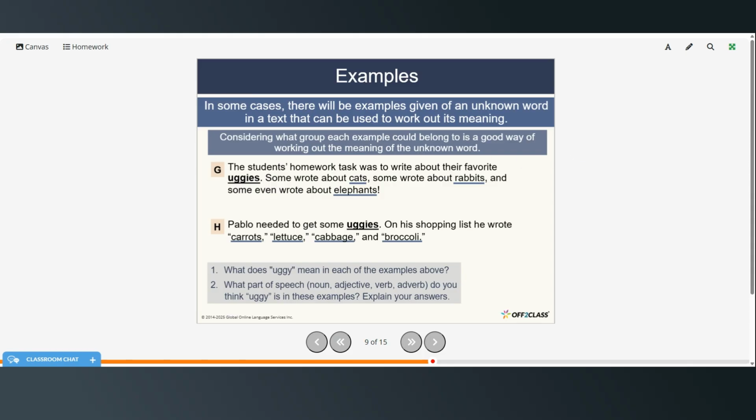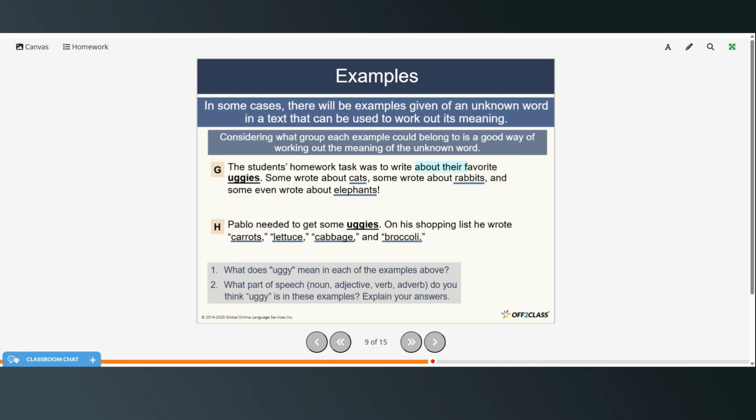So here, Uggy probably means their favorite type of animal, because cats, rabbits, and elephants are all animals. And here it would be used as a noun, because we have a prepositional phrase, and it would be the object of the preposition about.